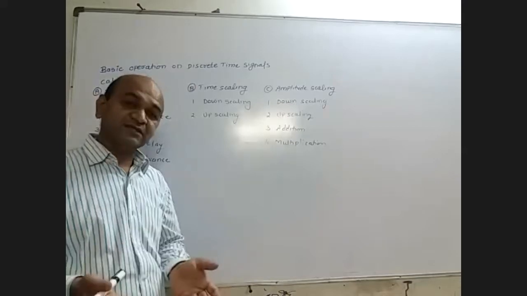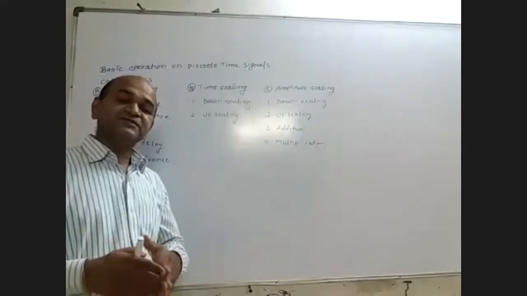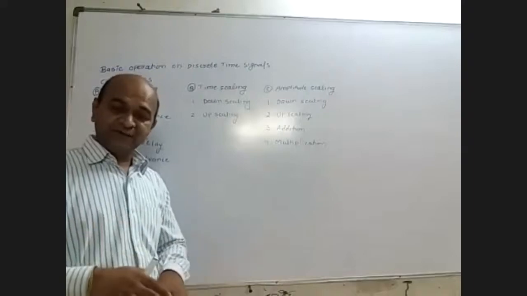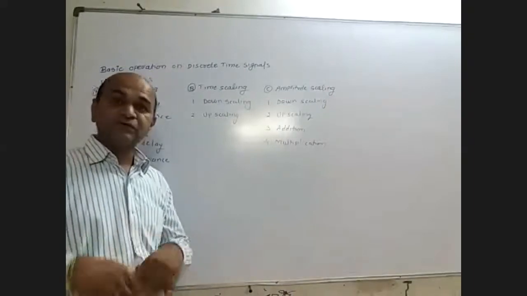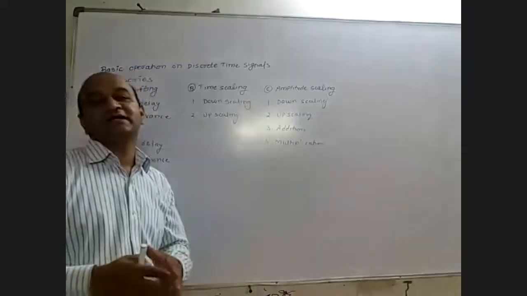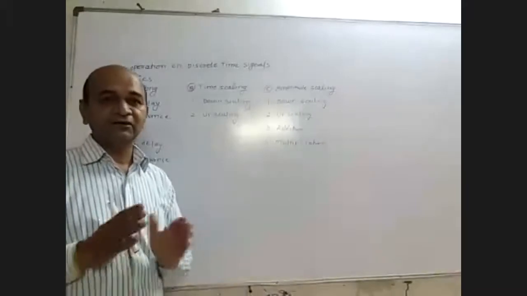That discrete time system demands these different types of operations. So to write different kinds of algorithms, you should first know what types of operations are possible with the discrete time signal. Here over the board we are going to learn all these things.